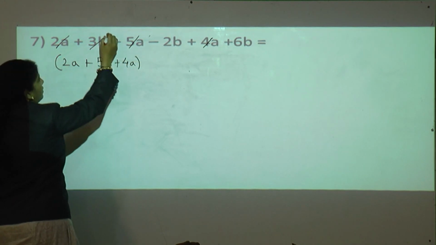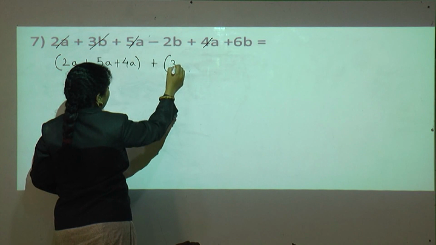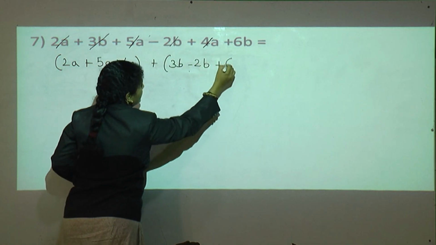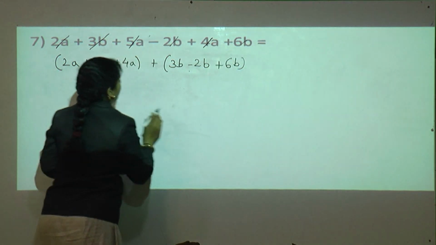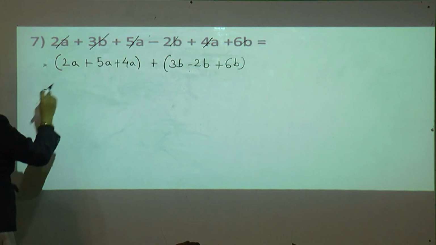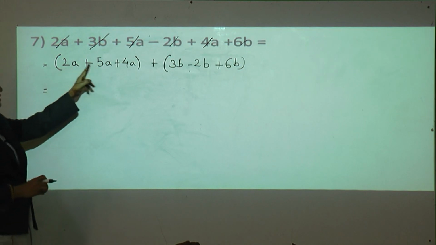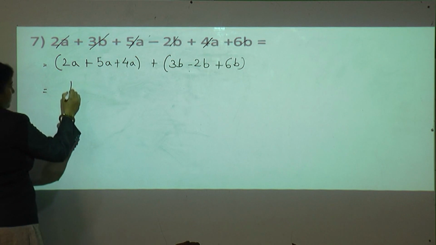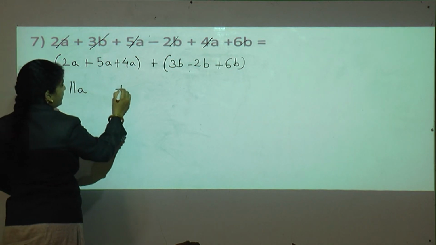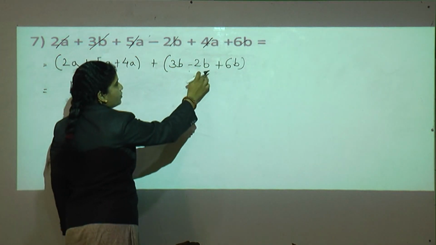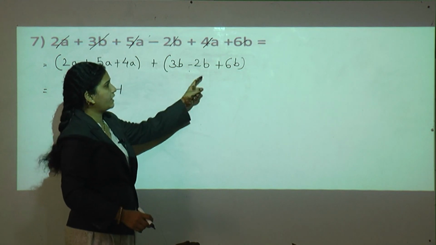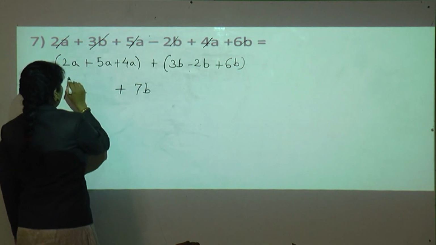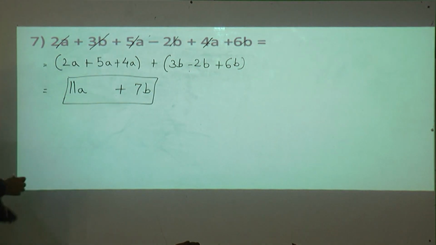Now here plus sign, 3b minus 2b plus 6b. Here 2 plus 5 plus 4. How much, students? 11a. And here 3b minus 2b, that means 1b, again plus 6, 7. Understood all of you? Okay.